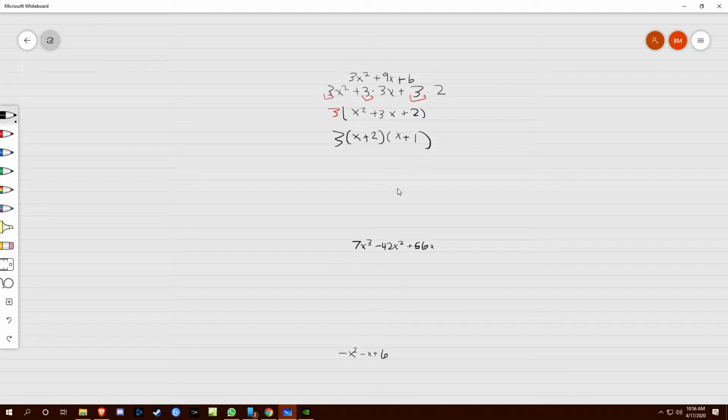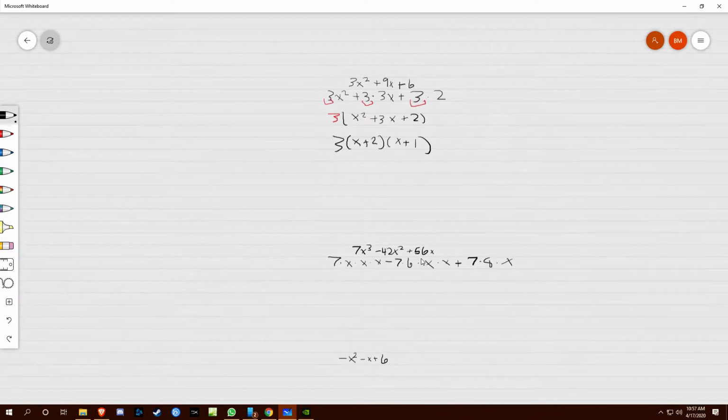Now, it can be more than just a number. If I look at this problem, if I want to really expand this out, this is 7 times x times x minus 7 times 6 times x plus 7 times 8 times x.